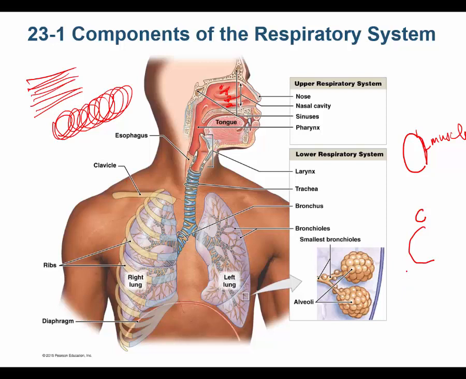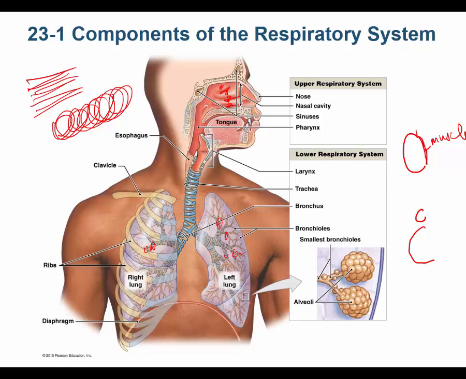So that's all true. But really, where we control the diameter of our air passageways are down here on the bronchioles, where the cartilages are more incomplete, and you have more smooth muscle surrounding your bronchioles. So it's not up on the trachea, although we do have some control there via the trachealis muscle.